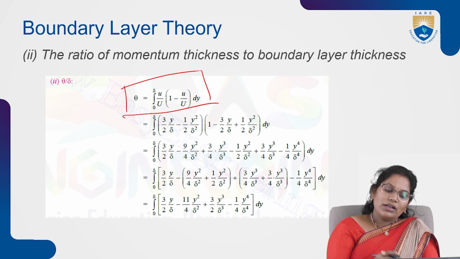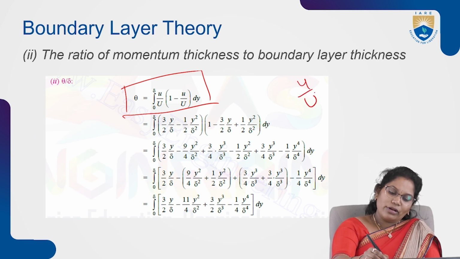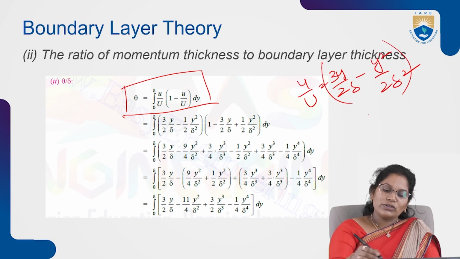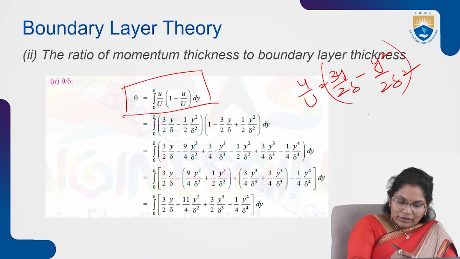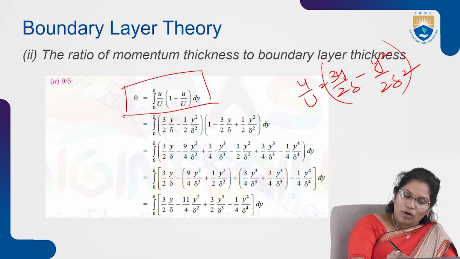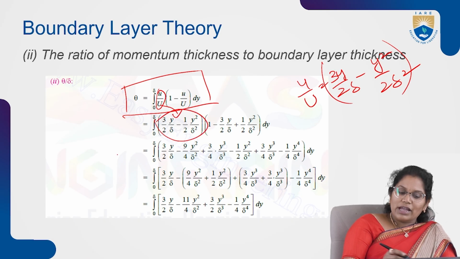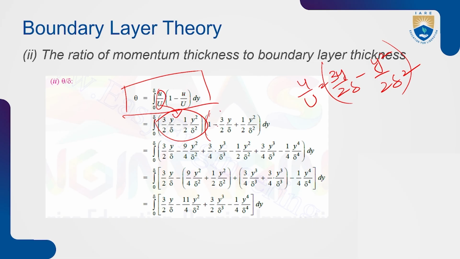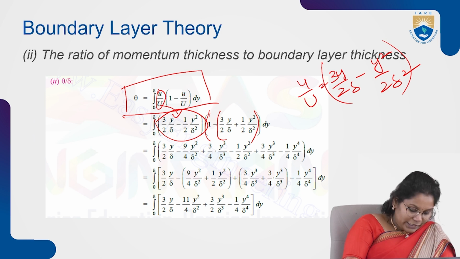So here in place of u by capital U, I am writing 3y by 2 delta minus y square by 2 delta square in place of u. And next, again 1 minus small u by capital U is 1 minus 3 by 2 y by delta plus 1 by 2 y square by delta square, into dy.